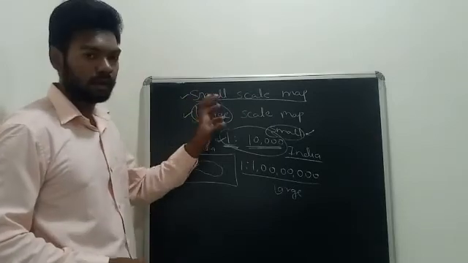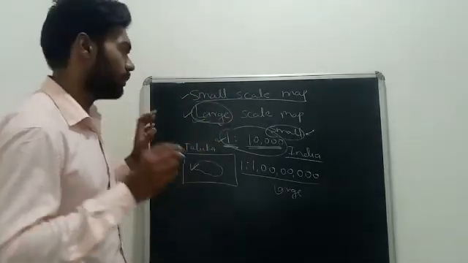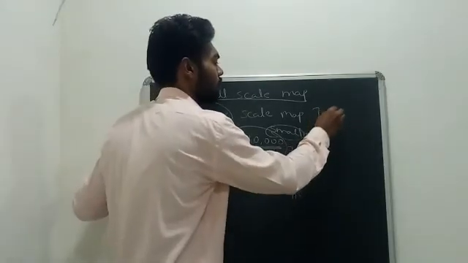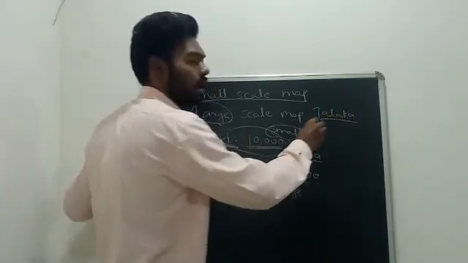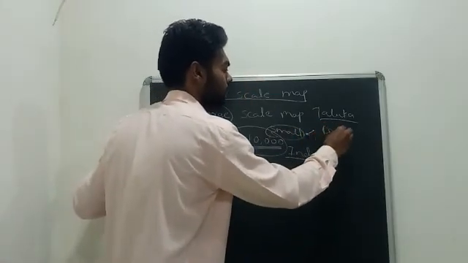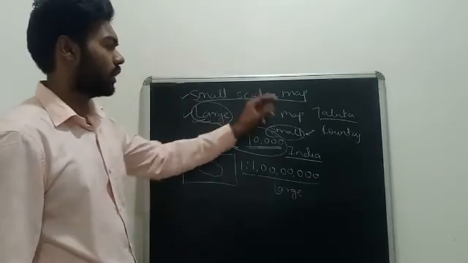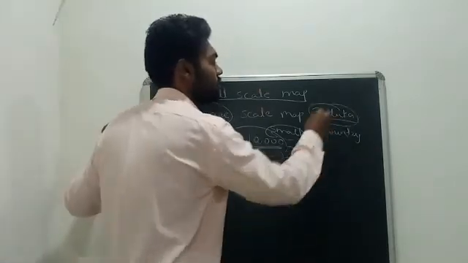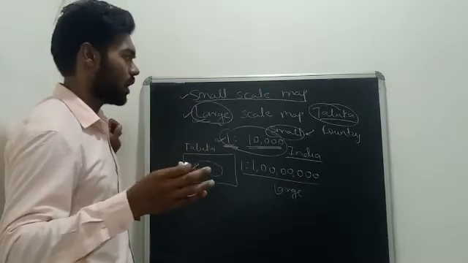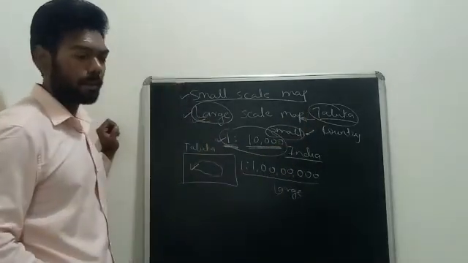So it is a little bit confusing which is which. Just remember that a taluka is a small area as compared to a country. So if we show the map of a small taluka, it is called a large scale map.